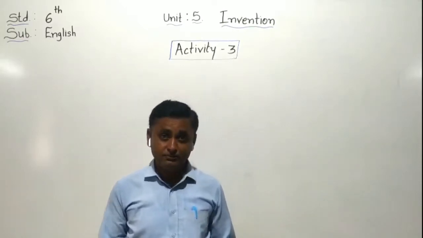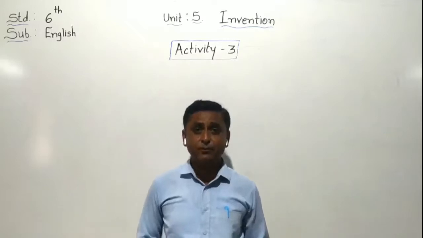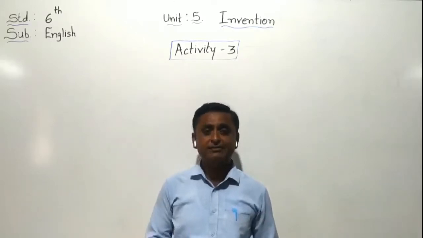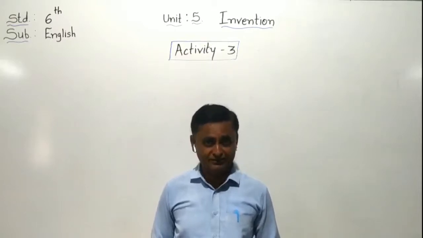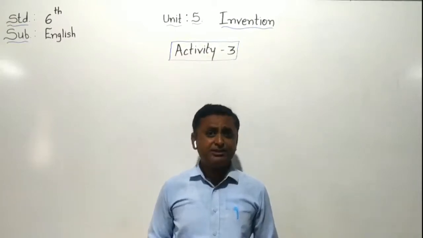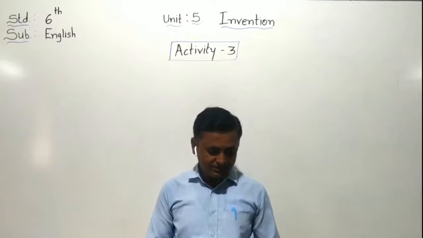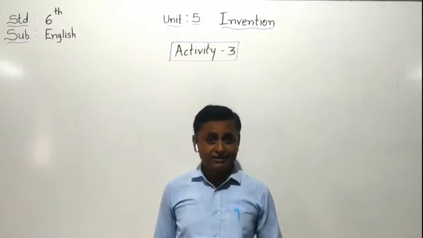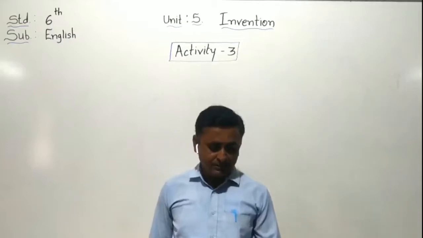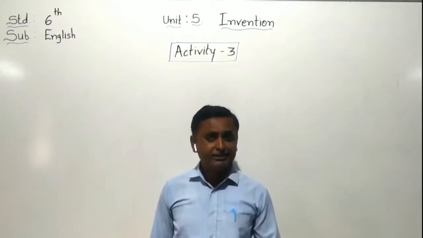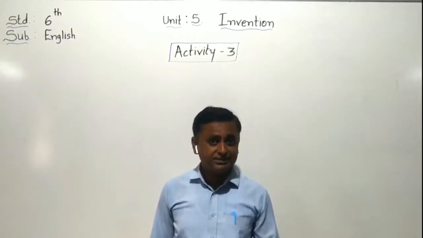From this you make a list of what the problems of that invention are and how it is solved, and discuss it. Okay, the first one is given here in one box. 3 inventions are written here in your textbook: sewing machine, oven, antibiotics. 3 things are given here.